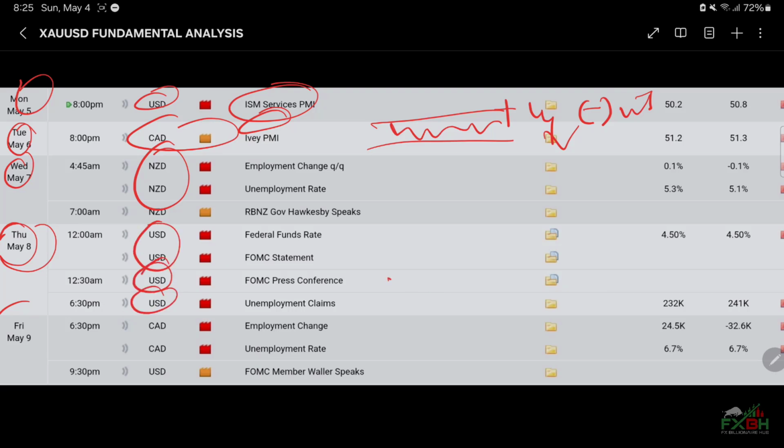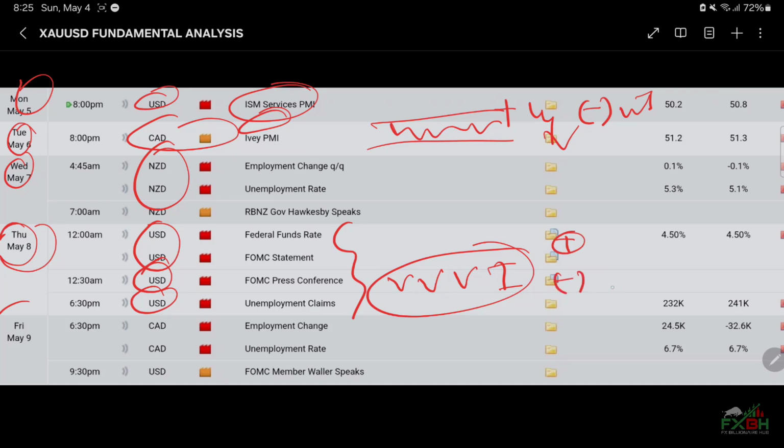These are very important days for gold traders, XAUUSD traders and USD-related pair traders, so you have to keep your concern on each and every news. For positive value we will sell gold, for negative value we will buy gold. On Friday we have one USD news, an FOMC member speech, and the same theory applies.